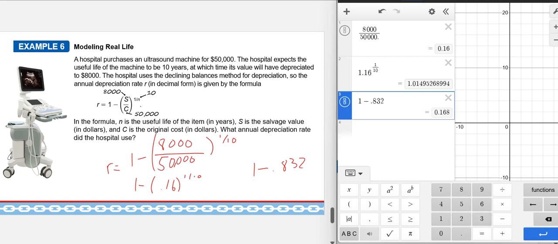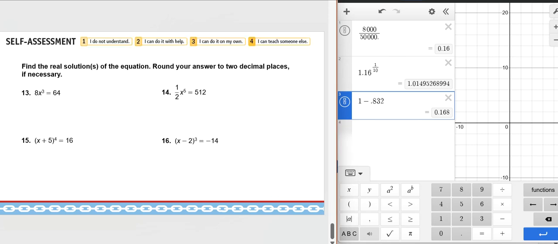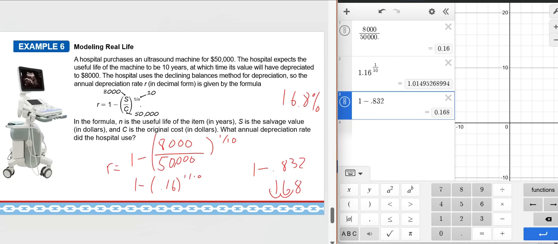So you get a depreciation rate of 16.8% per year. I'd move this decimal over 2 spots to make it a depreciation rate or percentage. That should be enough to get you started on your assignment. Please reach out to me if you have questions.